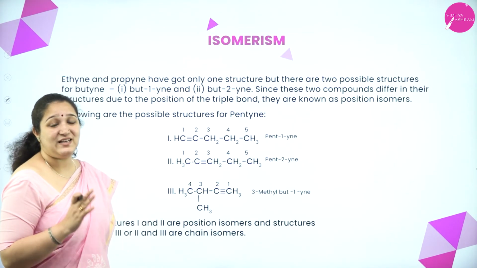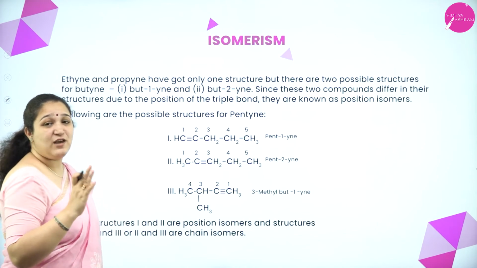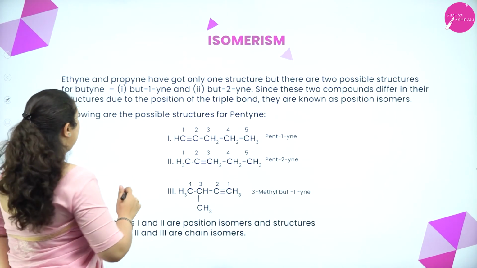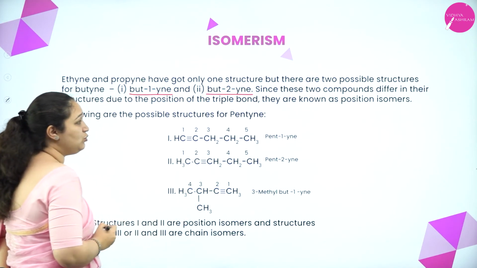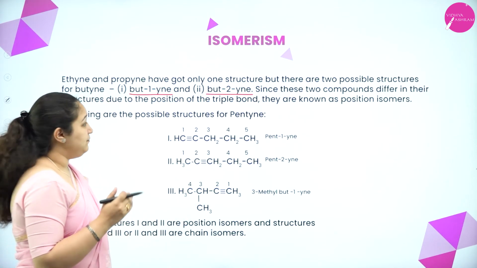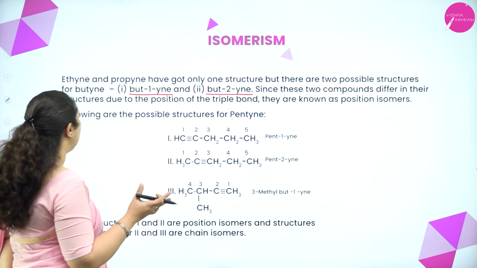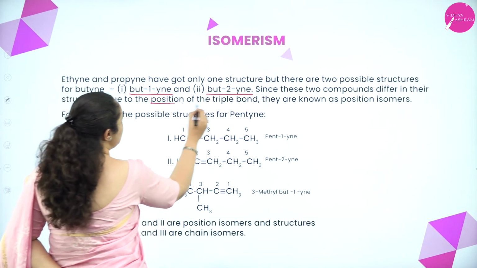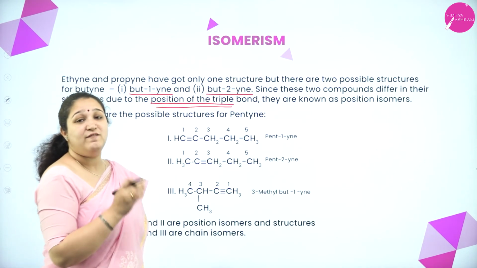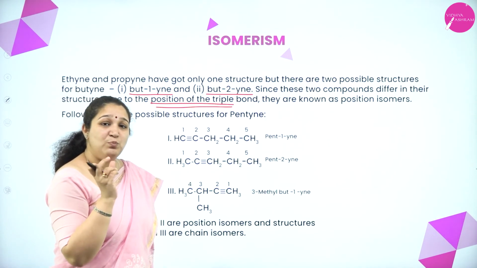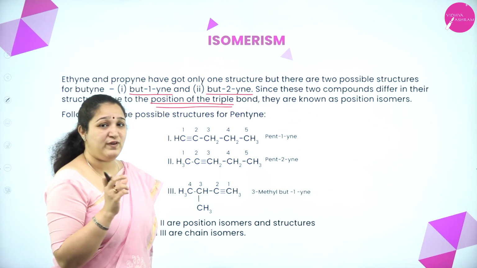Whereas if we consider butyne, there are 2 structures, that is but-1-yne and but-2-yne. Since the 2 compounds differ in structure due to the position of the triple bond, they are known as position isomers.